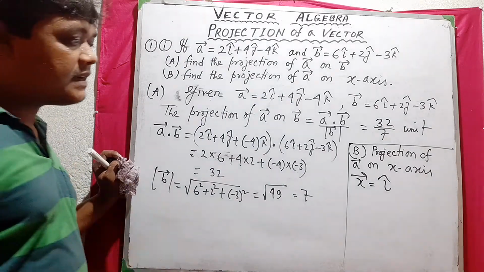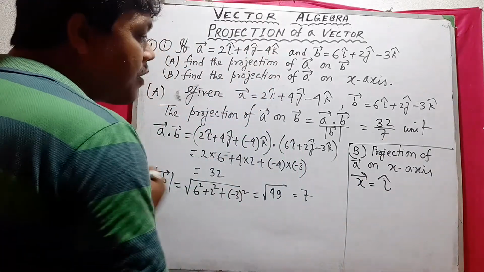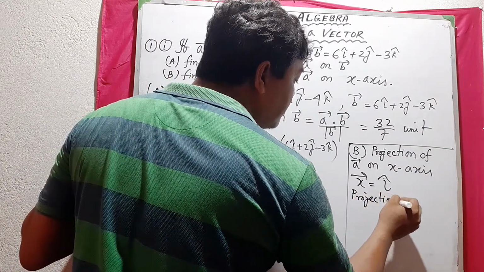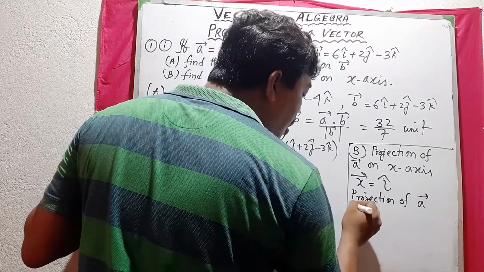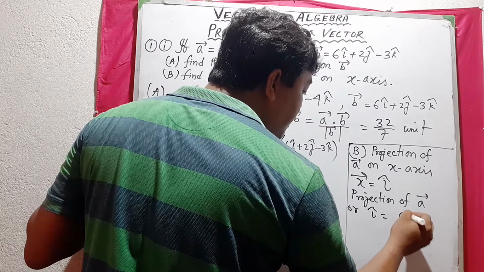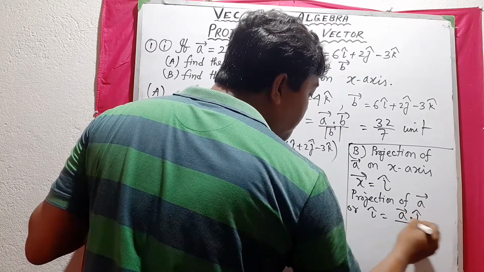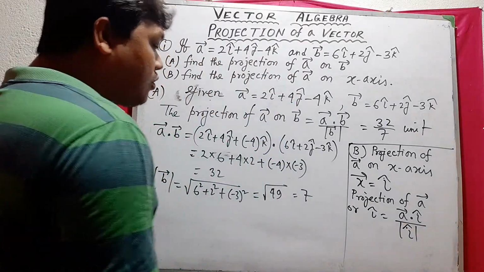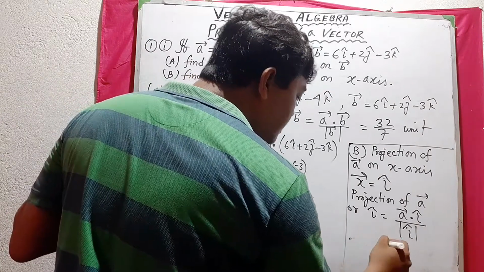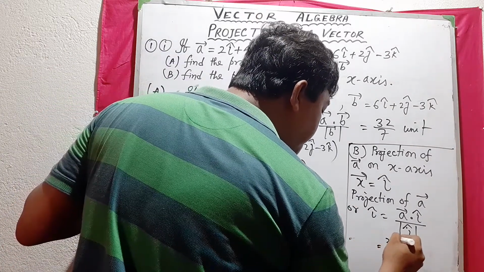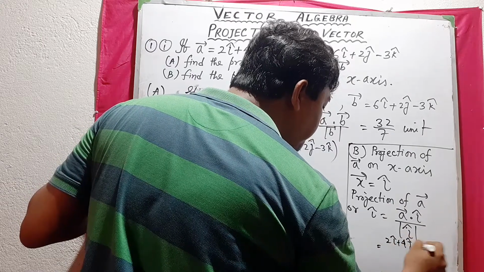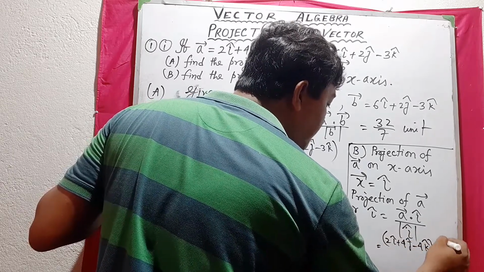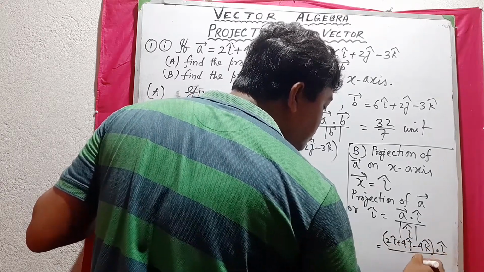So the projection of A on I cap equals A dot I by modulus of I cap, which is also 1.